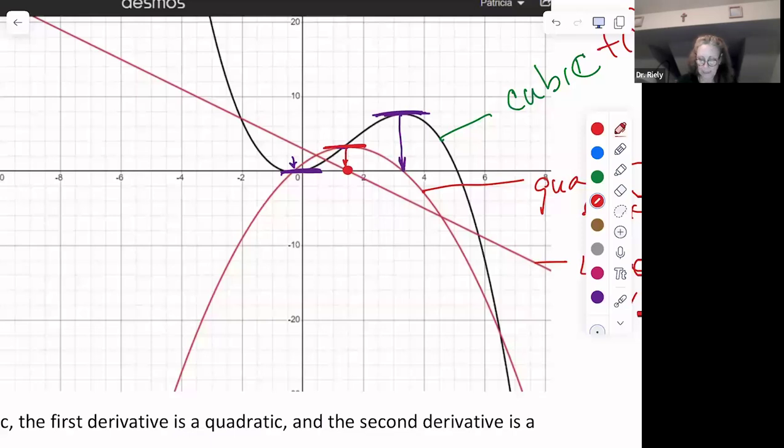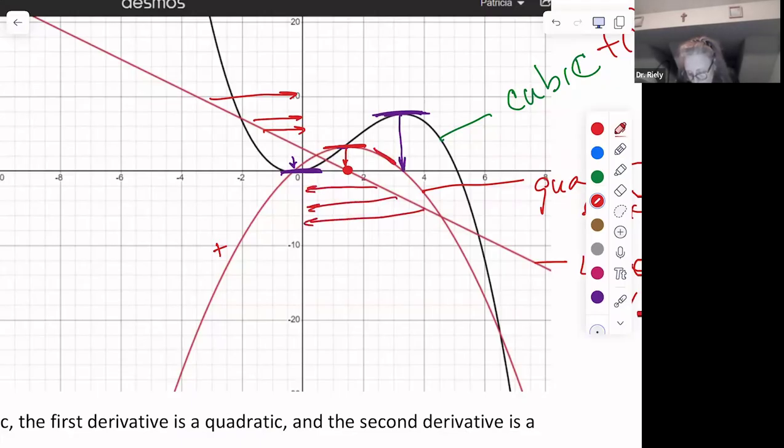Then let's look at the slope to the left of that max. The slope is positive there, so you would read positive values off of your second derivative, and that lines up. Once you go past the max, your slope is going to be negative, and that is reflected by the negative y values you would read on that side of the line.